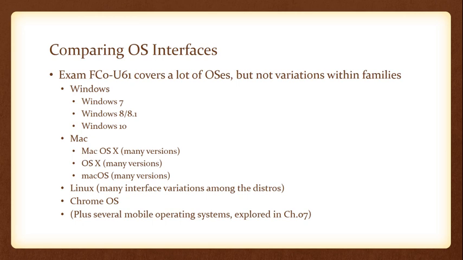But the 3 Windows ones are a little bit different, and we're going to dive a little bit deeper into those characteristics. As you can see here, we have Windows 7, Windows 8 and 8.1 grouped together, Windows 10, and then we're going to just put the Mac OS all in one category, the Linux in a category, and the Chrome in a category. There are different operating systems for mobile devices. We're going to deal with that later on in Chapter 7.